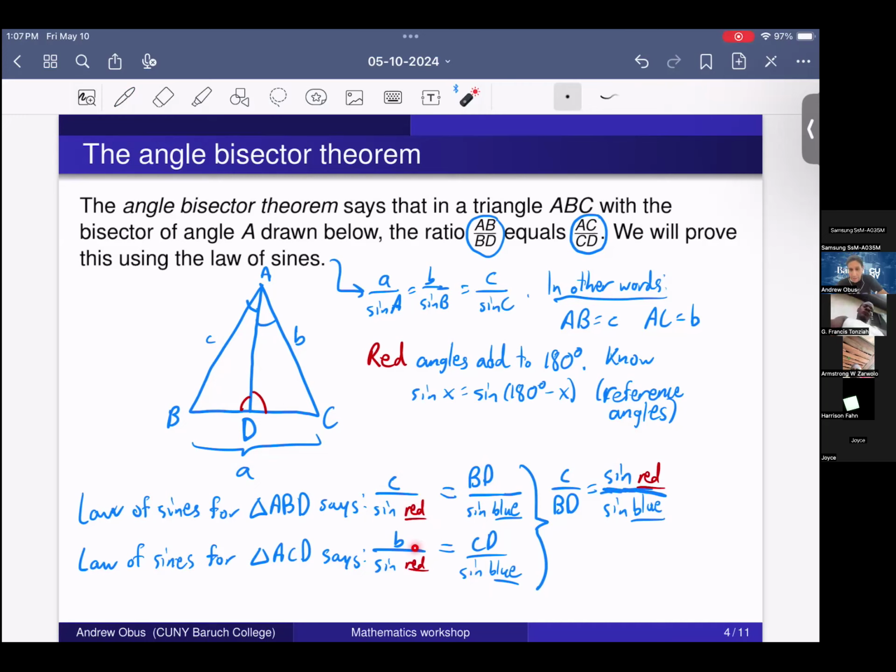But we can do the same thing here with this equation, right? B over sine of the red angle equals CD over sine of the blue angle. If we again multiply by sine of the red angle and divide by CD, we get again that sine of the red angle over sine of the blue angle, in this case, is going to be equal to B over CD.